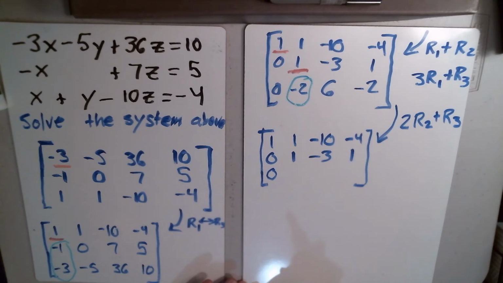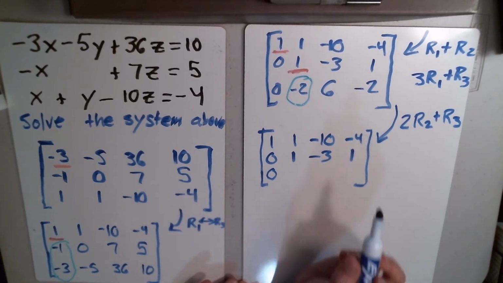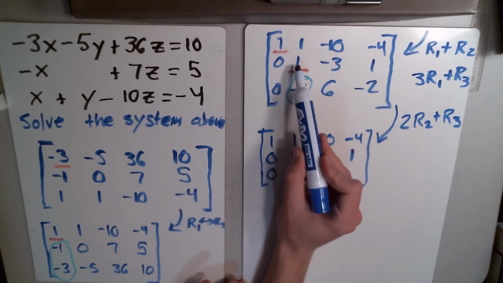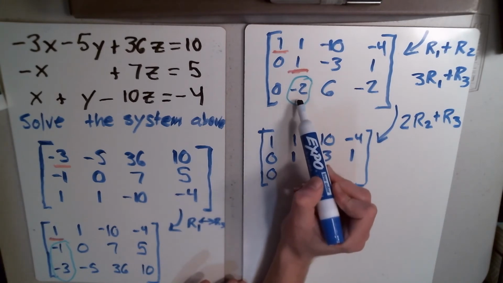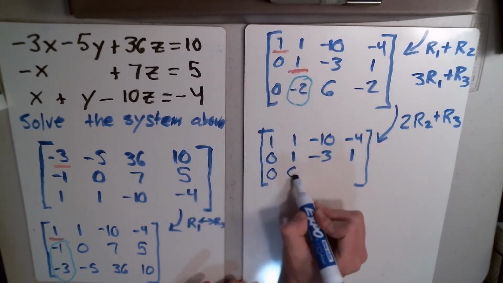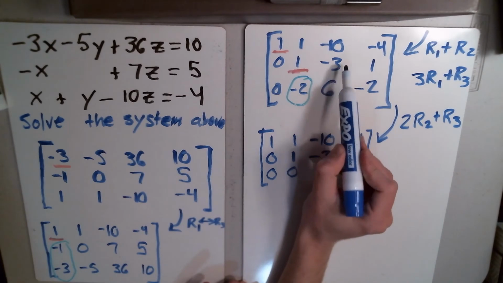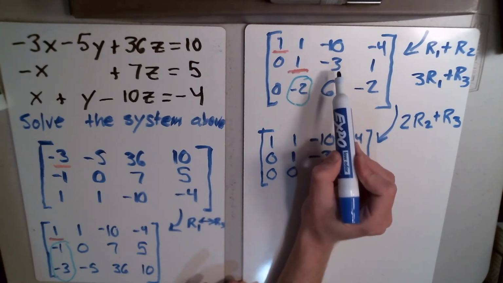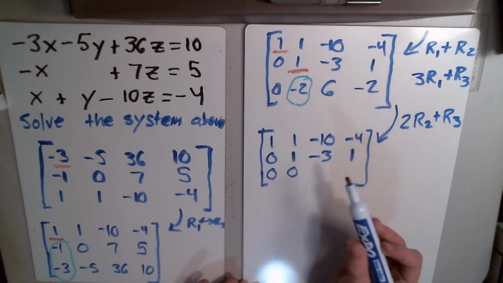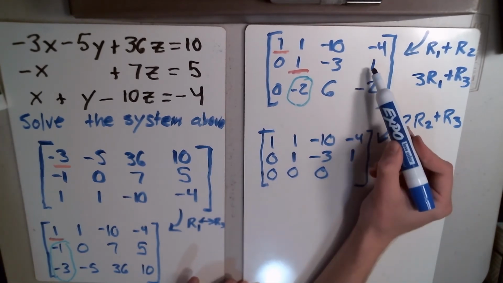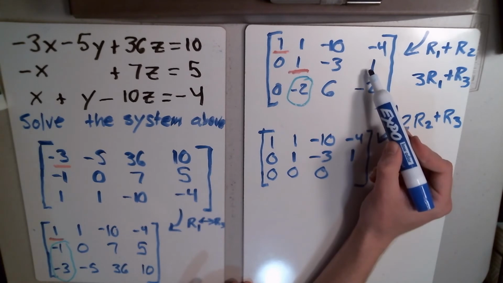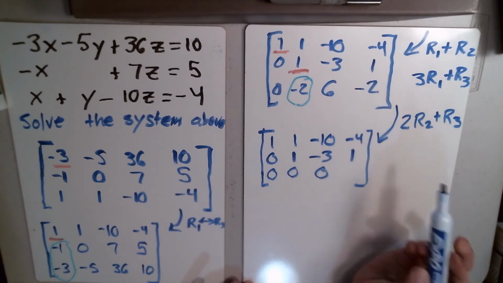Notice how that didn't mess up your 0 that you already got. And then 2 times 1 is 2, plus -2 is 0. Okay, 2 times -3 is -6, plus 6 is 0. 2 times 1 is 2, plus -2 is 0.